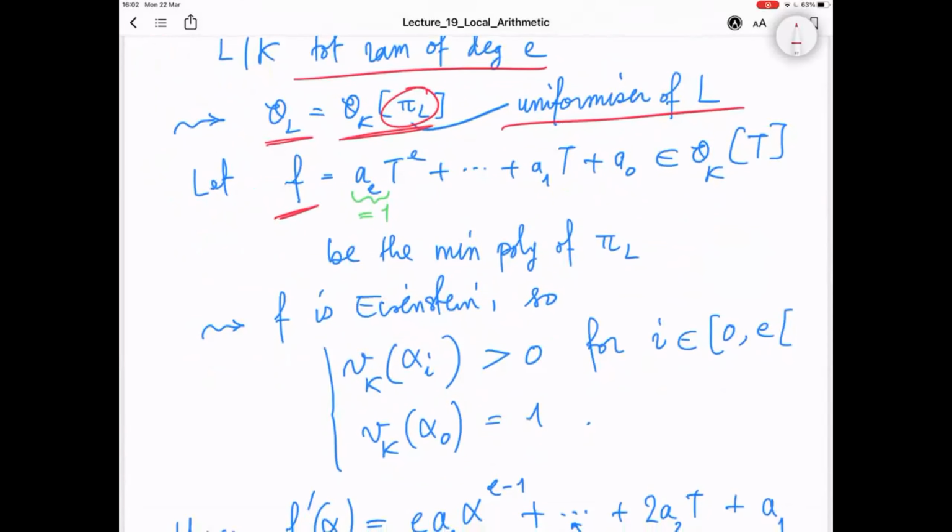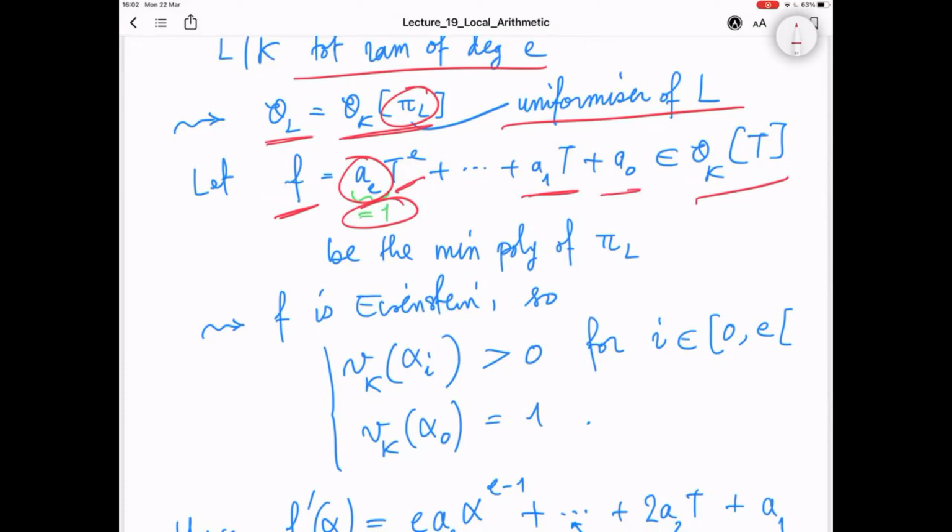It will look like a_e t^e, and a_e is actually equal to 1 because the minimal polynomial is monic, but I need to call it a_e, and so on all the way up to a_1 t + a_0. So it's an element of O_K[t]. You have this minimal polynomial.